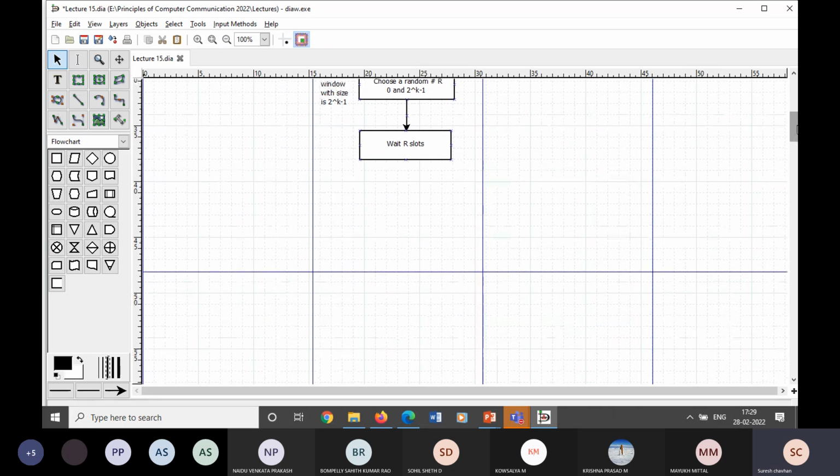So the station will wait for R slots. Then after each slot, if it is idle, it will continue transmitting.